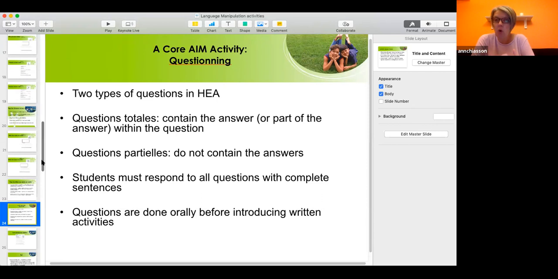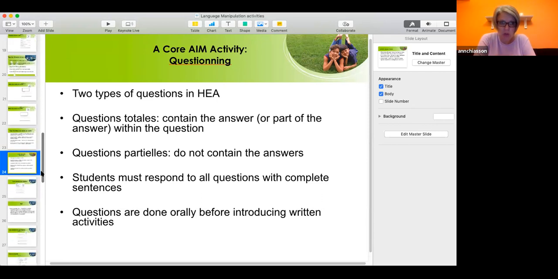And we do them orally first. So as you might recall, last time I talked to you about how you can present these questions simply by saying, aujourd'hui, on fait des questions et des réponses.